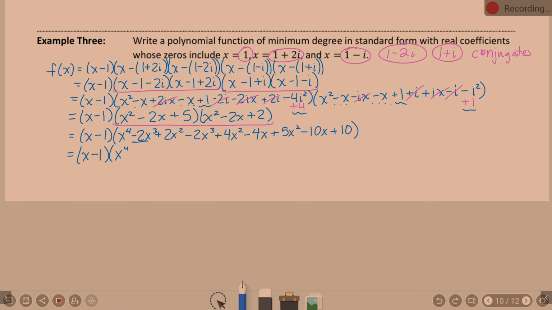Negative 2x cubed and negative 2x cubed is negative 4x cubed. 2x squared plus 4x squared plus 5x squared is 11x squared. Negative 4x minus 10x is minus 14x, plus 10.